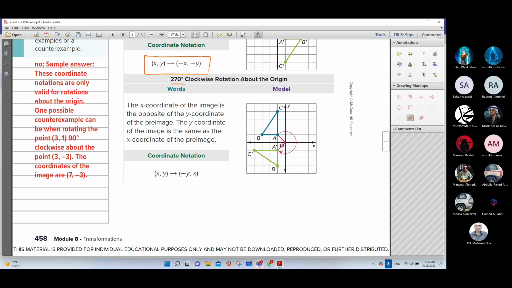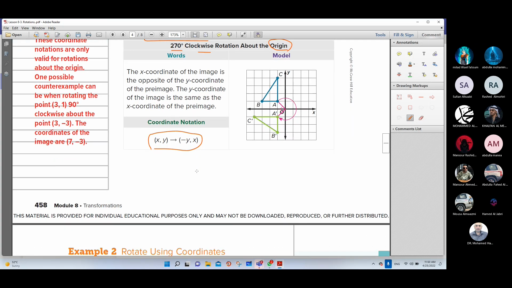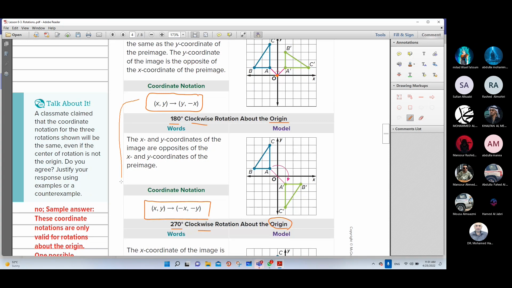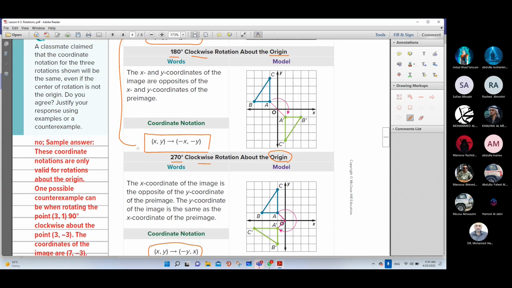So when you have 270, clockwise, and the center at the origin, you can use this rule: (x, y), take the opposite of y, put it in the x place, and take x, put it in the y place. So the three rules here are very important. I want all of you to keep them very well, to know how to do the rotation.